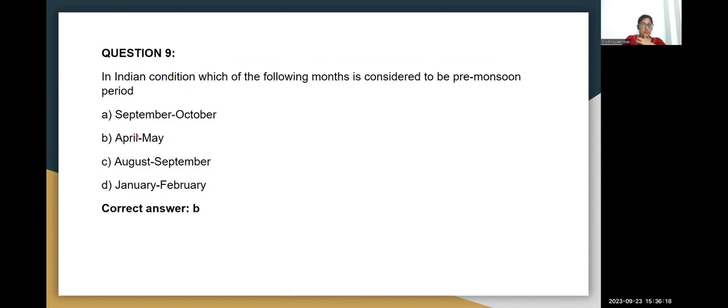So the correct answer here is option B, April to May. June, July, August, September is the monsoon period. October, November is the post-monsoon period. December, January, February is the winter period.